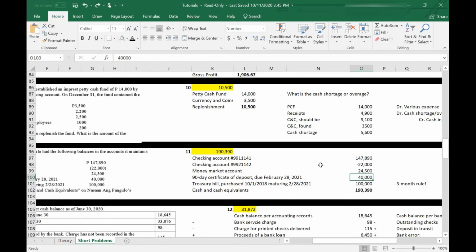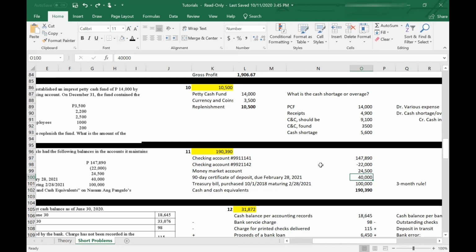How about the treasury bill purchased October 1, 2018, maturing on February 28, 2021? When you bought it, it did not meet the 3-month rule, right? Even if your reporting date is December 31, 2020, and it's only 2 months before maturity, it's still not a cash equivalent, because when you bought it, or when you invested in it, it did not comply with the 3-month rule.